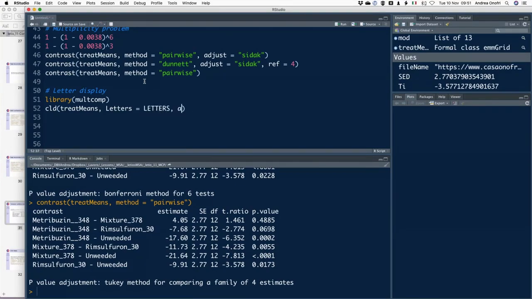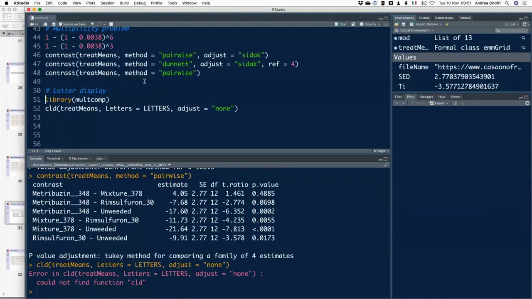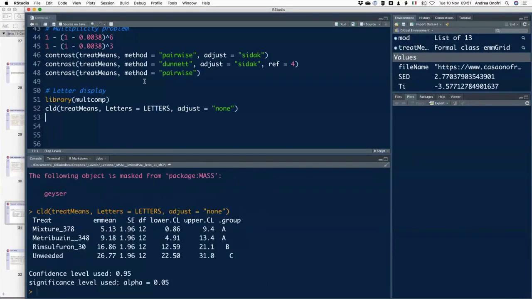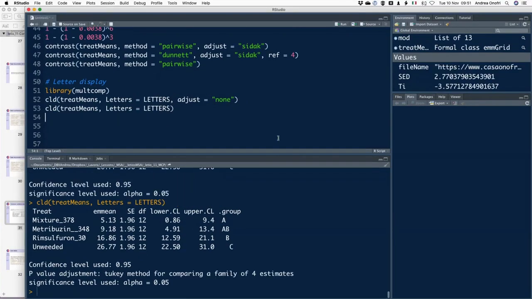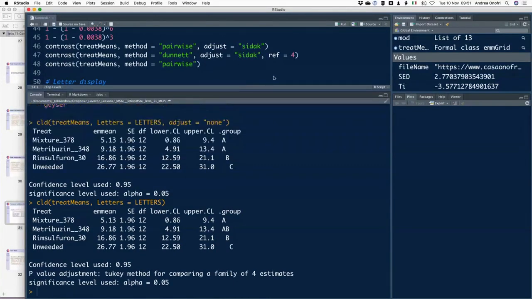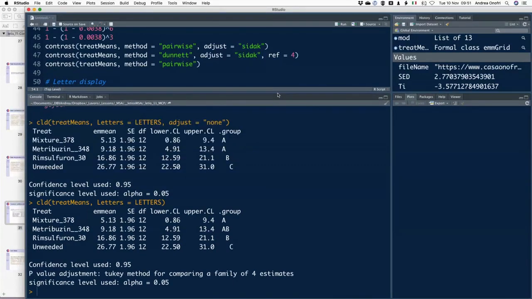And first of all, we do not adjust so that we can see the difference. So here we go. And then second, we adjust. So we remove this and use the default adjustment. And here we go. And now we take a look inside.